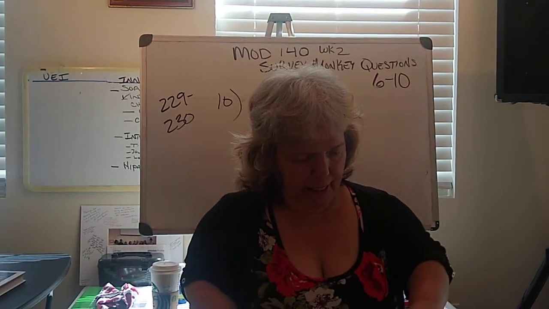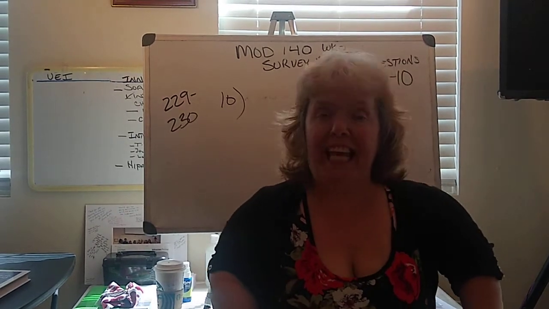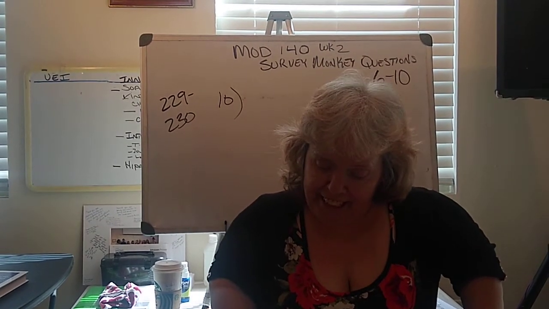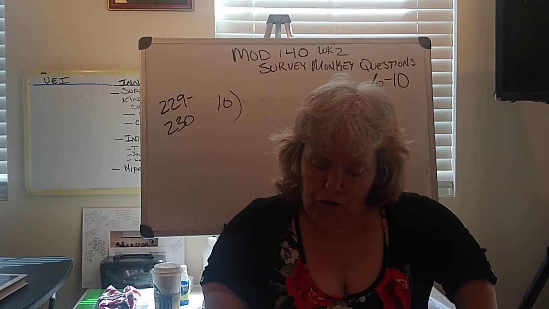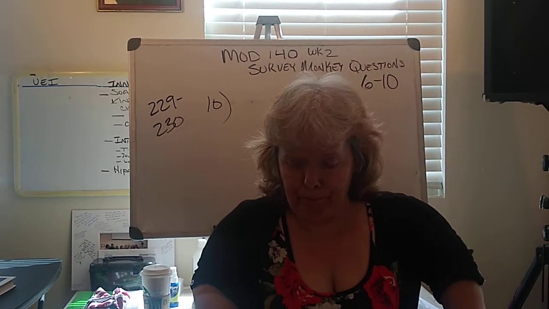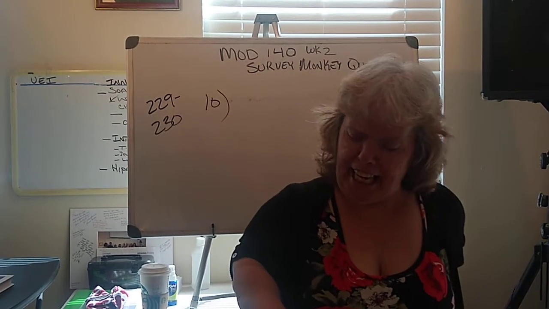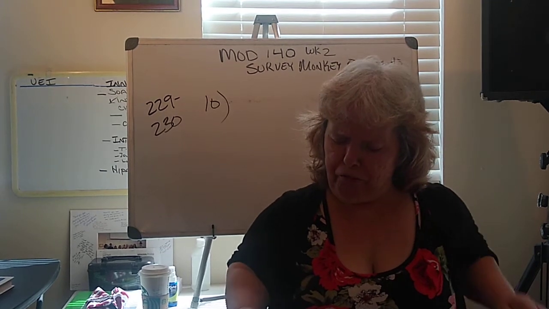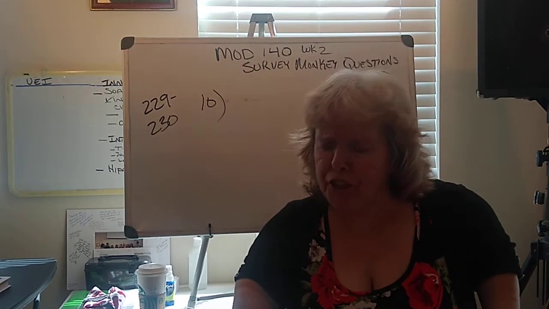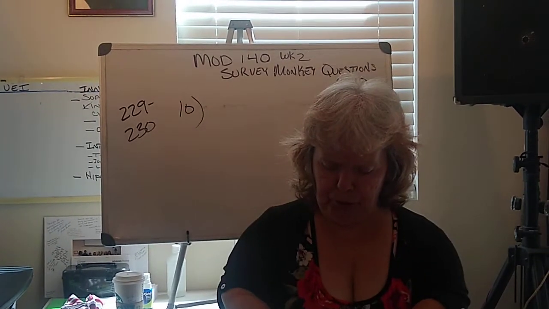Blank is the method of presenting and analyzing data involving two or more variables to discover relationships in the data. So let's go to 229, 230.